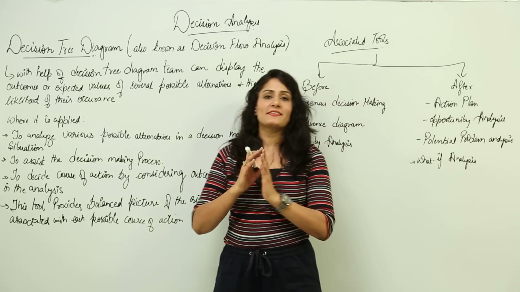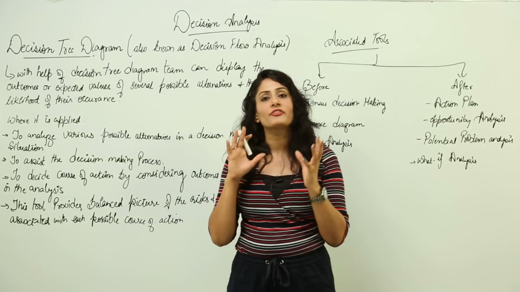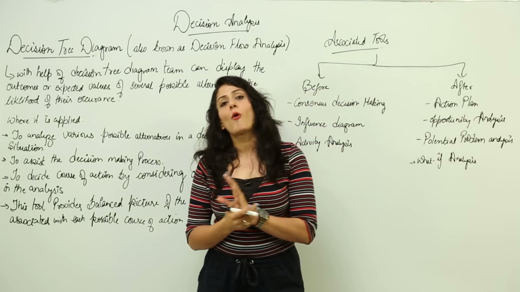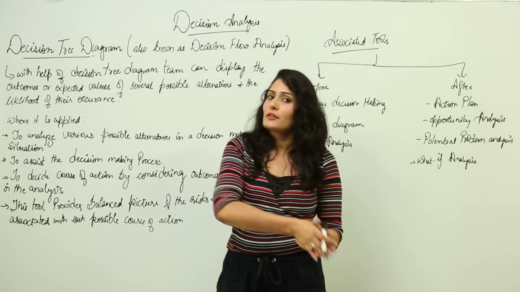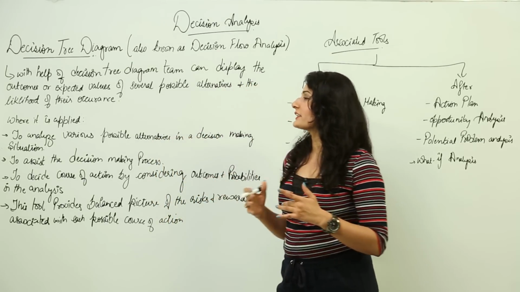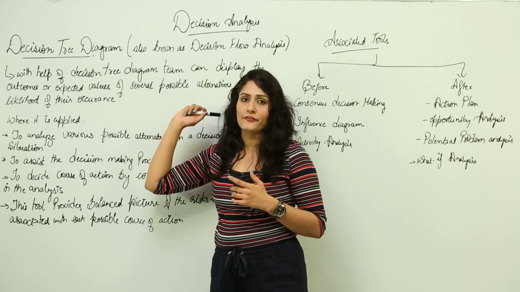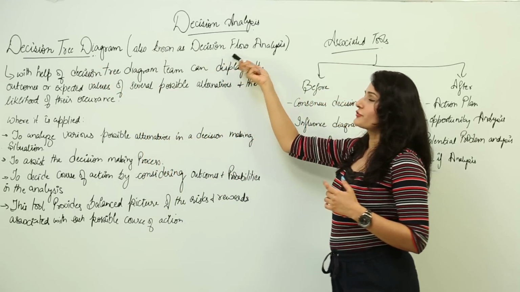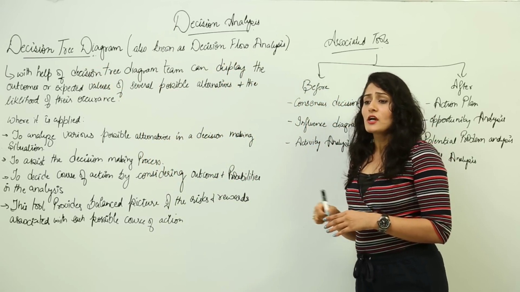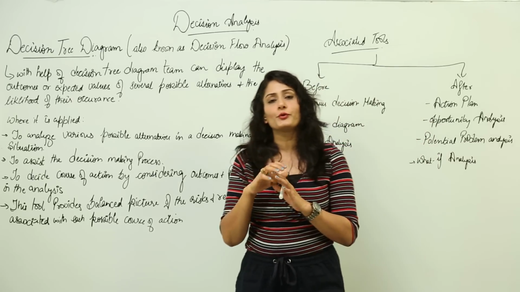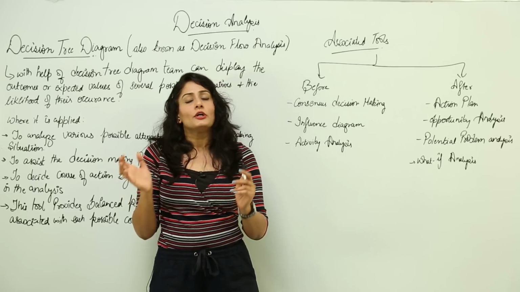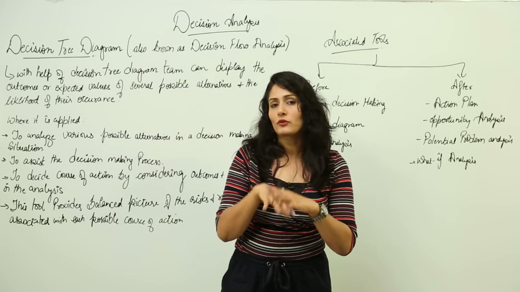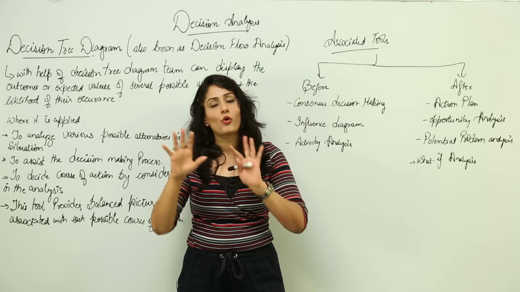Now that you have a basic understanding of the concept of decision analysis, and we have already covered one tool, that is decision process flow chart, let's move forward and check the second tool, that is decision tree diagram, which is also known as decision flow analysis, right? If you have an overview of a decision process flow chart and decision tree diagram, you will find them quite similar, not exactly identical but quite similar.